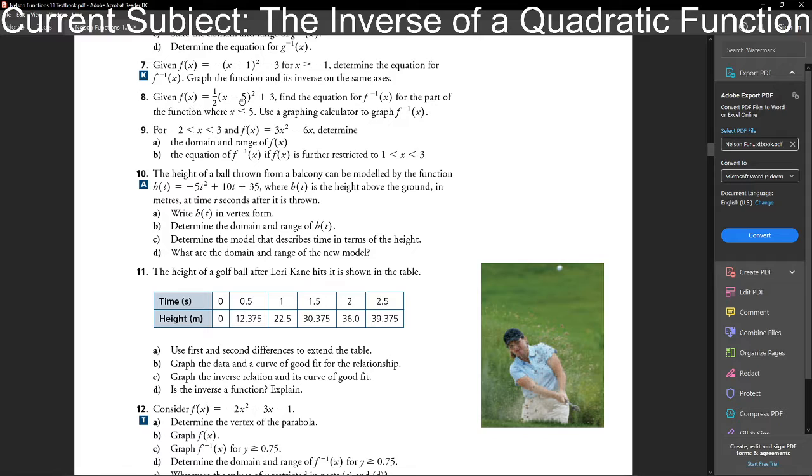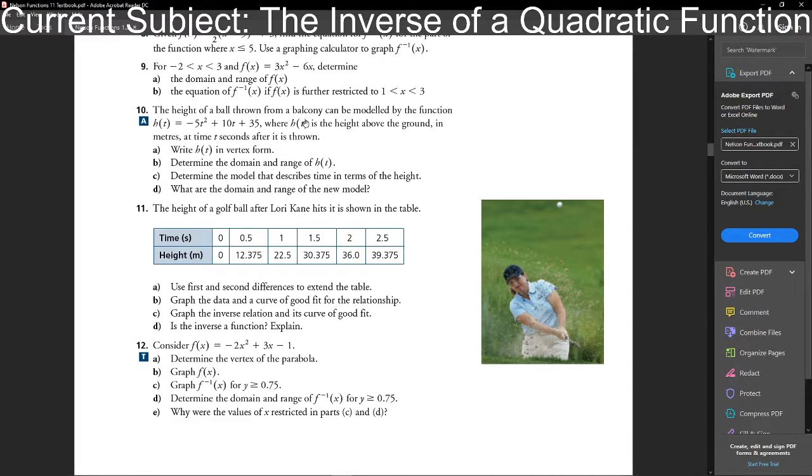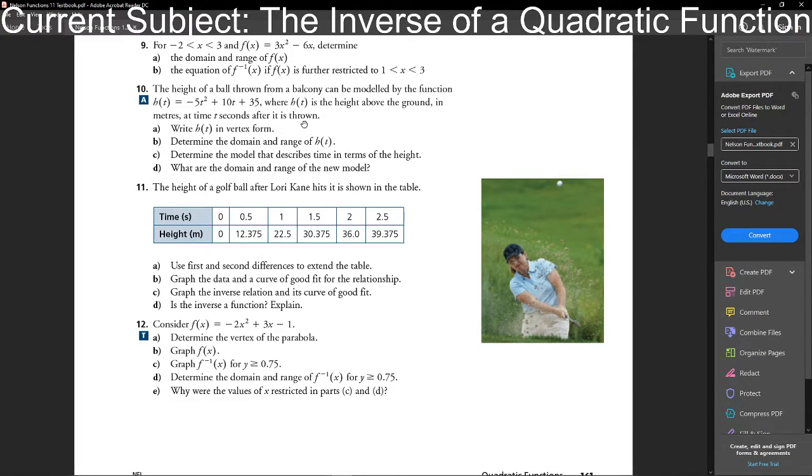Okay. So we did this one, so let's go to number 9. So x needs to be between -2 and 3 when f of x is equal to 3x squared minus 6x.